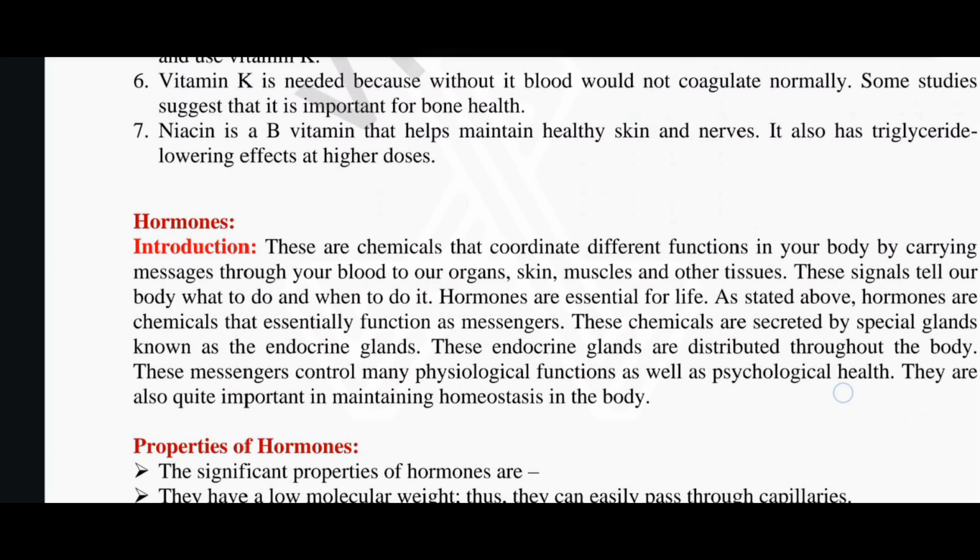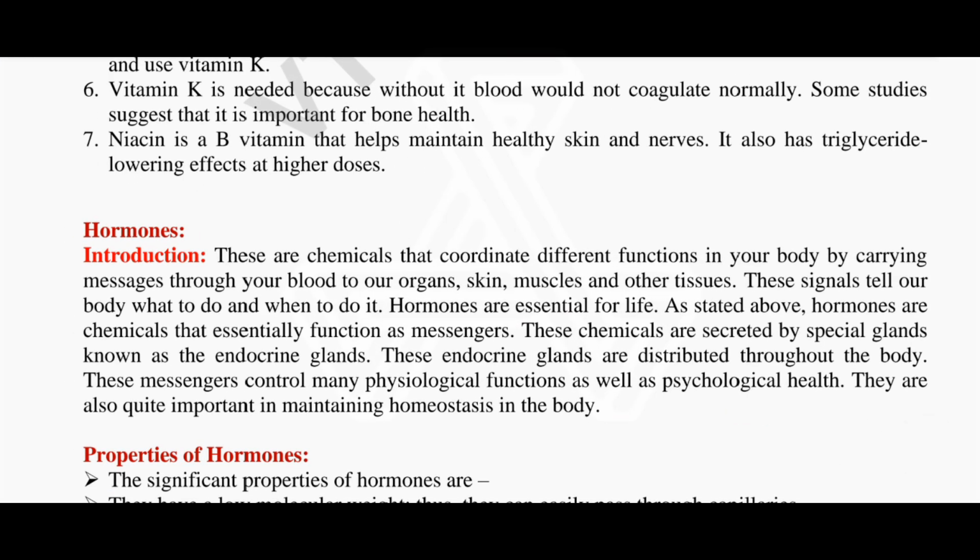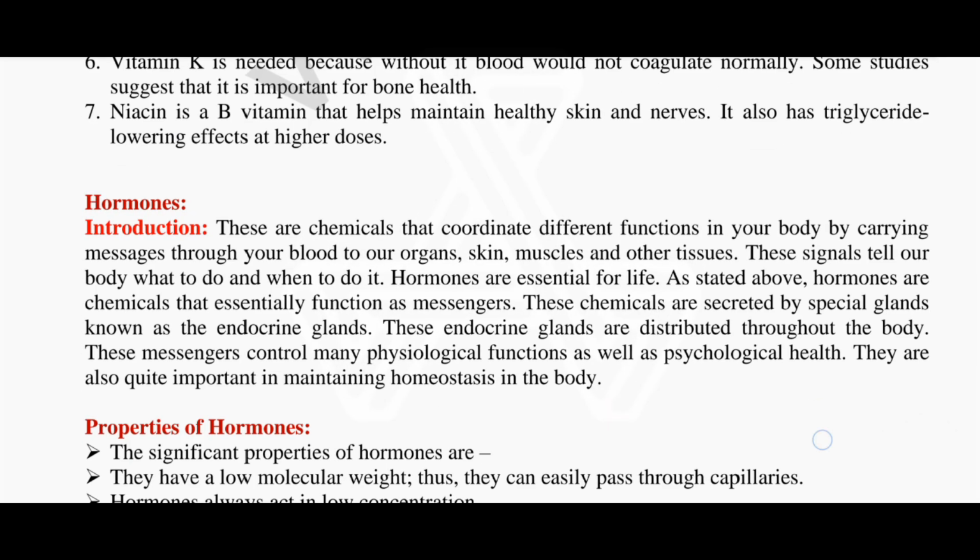Hormones. These are the chemicals that coordinate different functions in our body by carrying messages through your blood to our organs, skin, muscles, and other tissues. These signals tell our body what to do and when to do it. Hormones are essential for life, as stated above. Hormones are the chemicals that essentially function as the messengers. These chemicals are secreted by special glands known as endocrine glands.